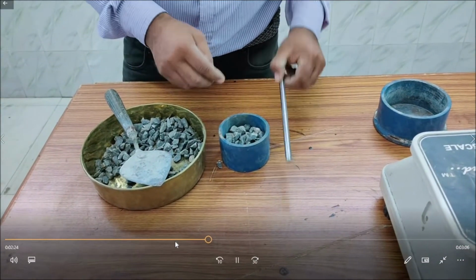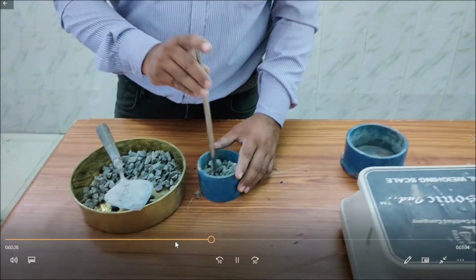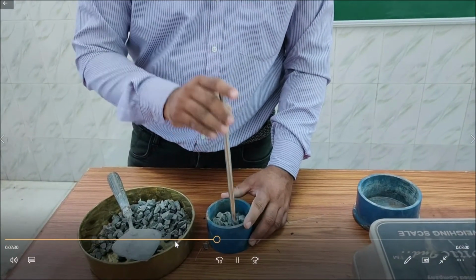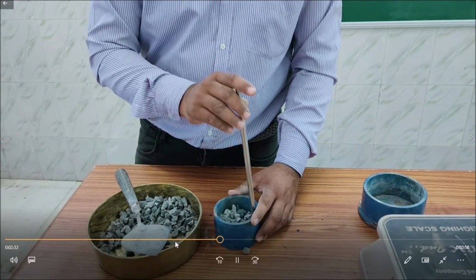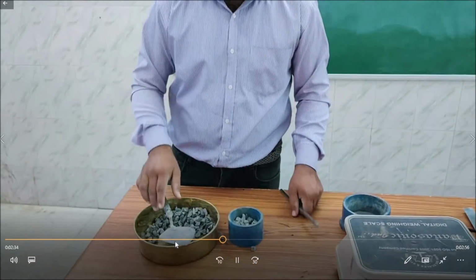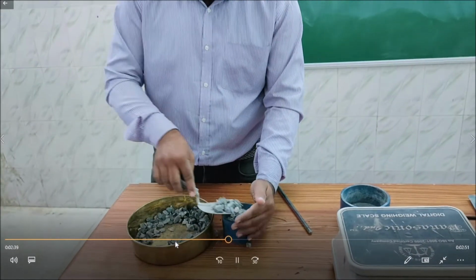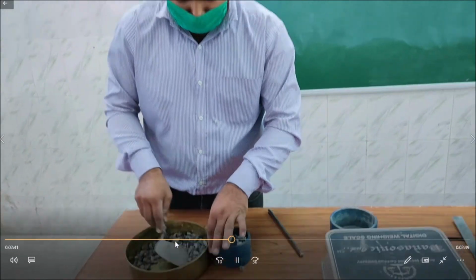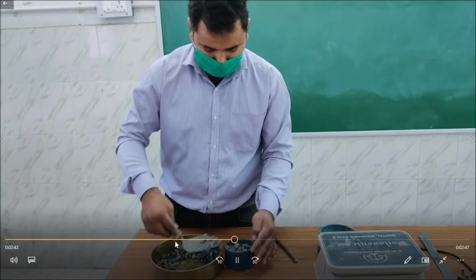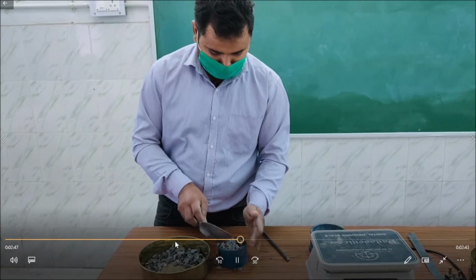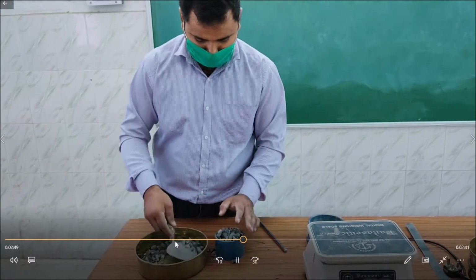Then the second layer is filled and again tamped 25 times. Then again the mold is filled with aggregates, and this third layer is also tamped 25 times.